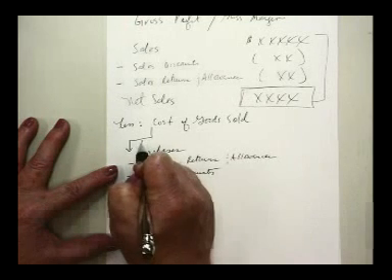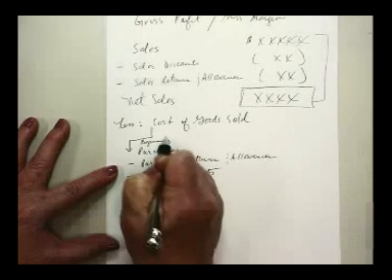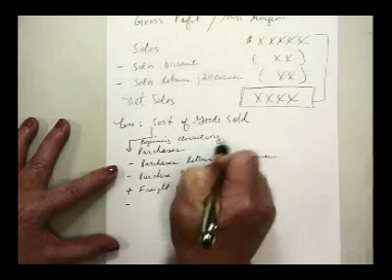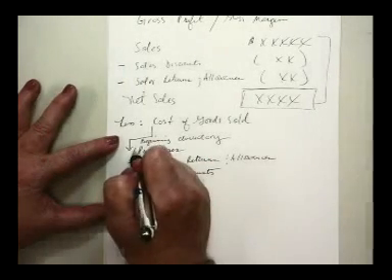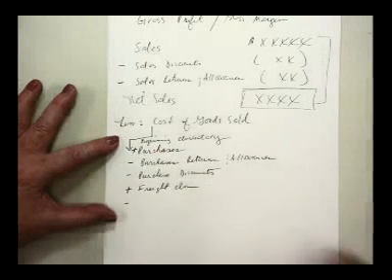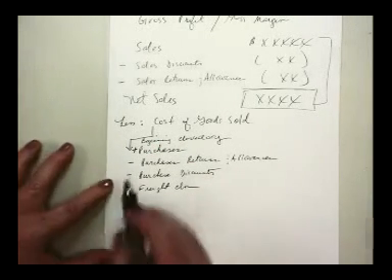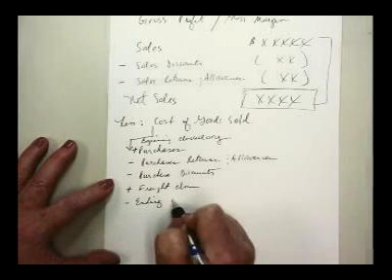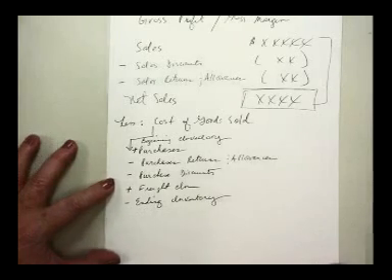We actually start with beginning inventory. If we had any beginning inventory at the beginning of the year, those are, of course, available to sell this year. So beginning inventory plus purchases, minus purchase returns, minus purchase discounts, plus freight in, and then minus any inventory that we have at the end of the year.